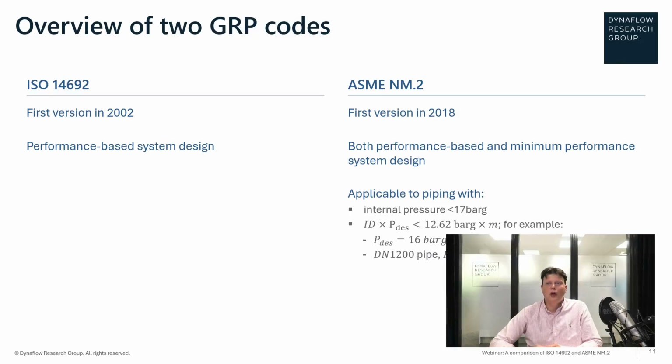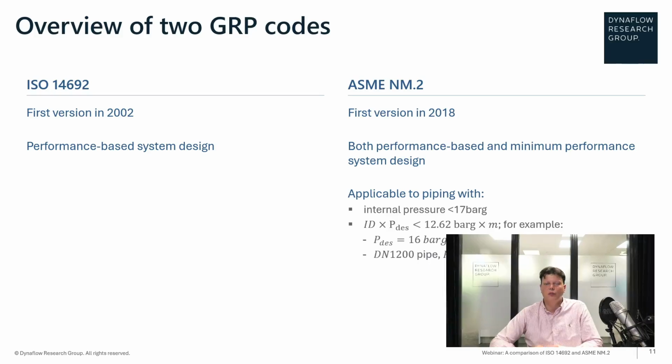The ASME NM.2 encompasses the same scope as ISO 14692. However, the first version is only from 2018, 16 years later, and it features both performance-based and minimum performance system design.